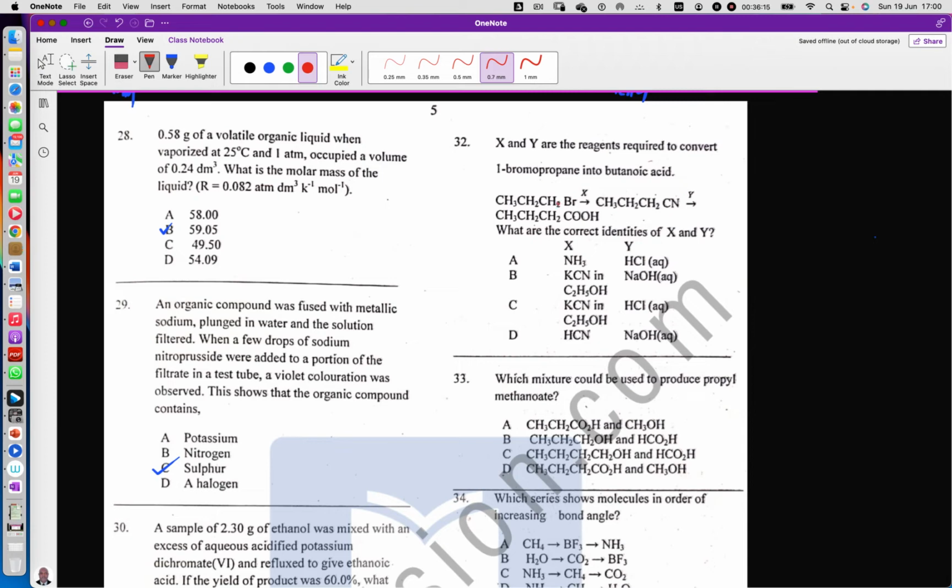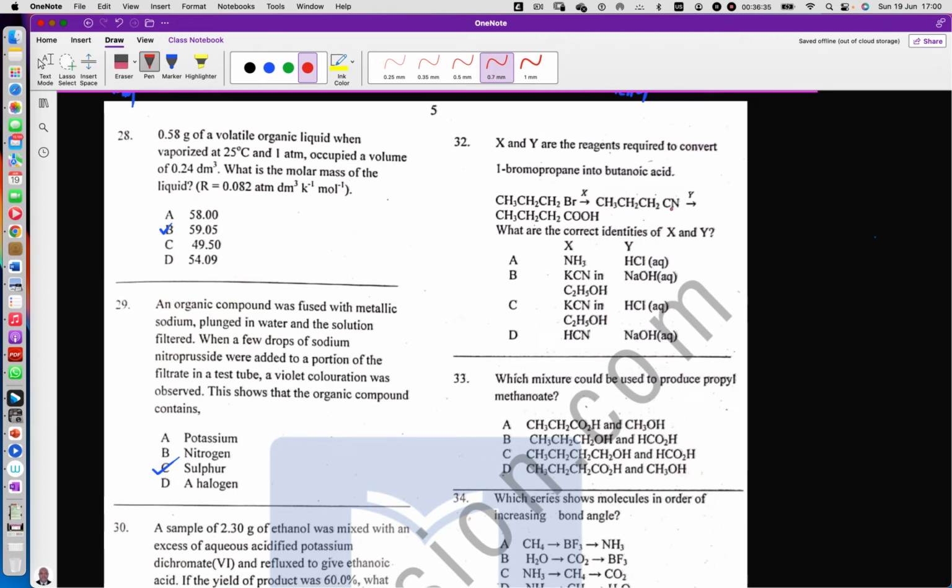It will be CH3, CH2, CH2, and CN. In that case, we will obtain a nitrile, that is CH3CH2CH2CN.